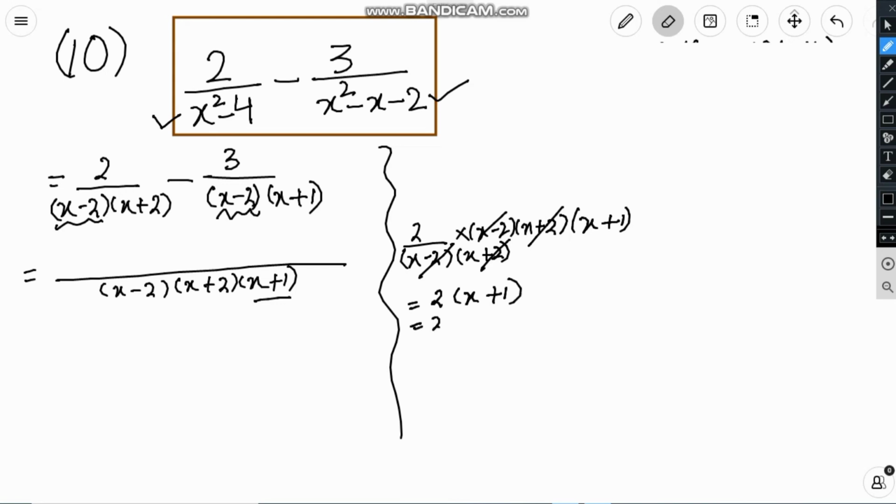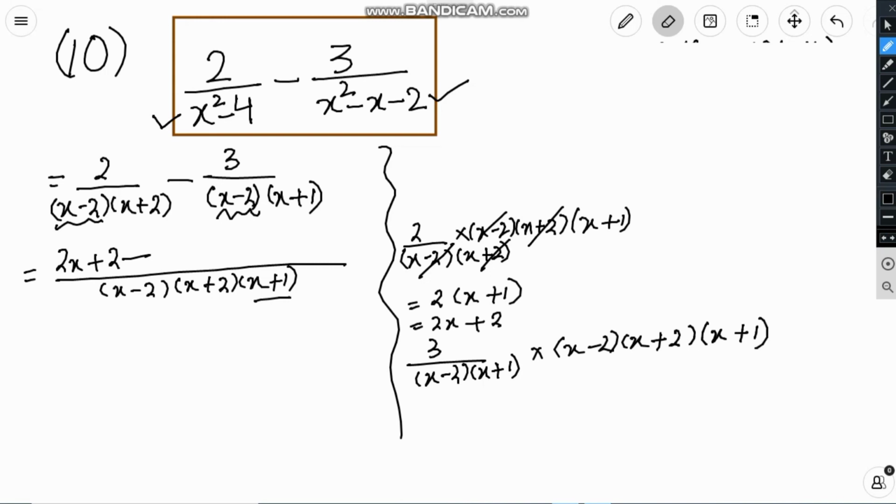Simplify it by multiplying 2 with x, it becomes 2x plus 2. Just write here 2x plus 2 minus, now take your second rational expression, that is 3 over x minus 2 and x plus 1, and multiply it with x plus 2 and x plus 1.